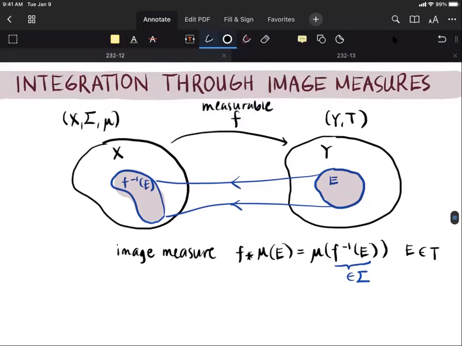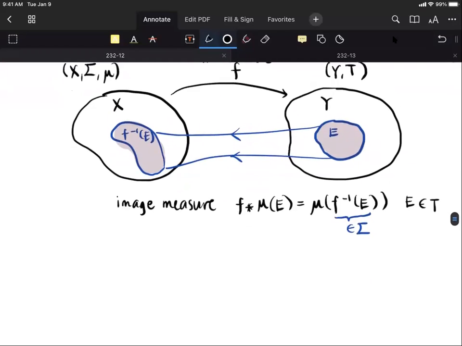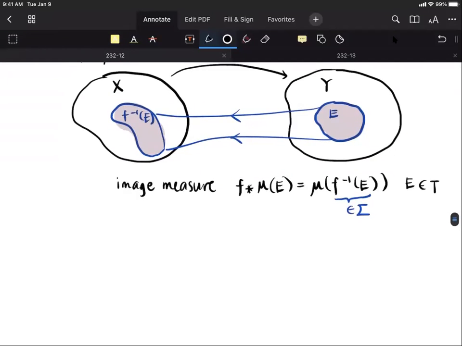So this is a way of constructing a measure on the codomain Y out of the measure mu of the domain X and a measurable function f that maps X into Y. The question that we would like to address is the following.